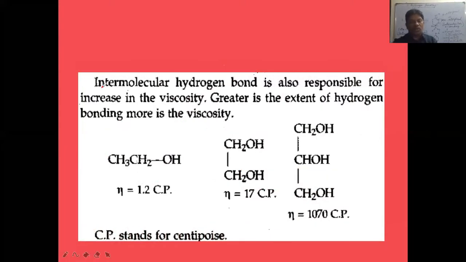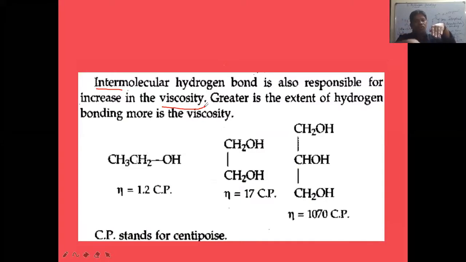Next, one more point we have to understand is that intermolecular hydrogen bonding, inter meaning between the molecules, is also responsible for an increase in viscosity. Viscosity means, if you pour water and honey down the same slope, which will move faster?